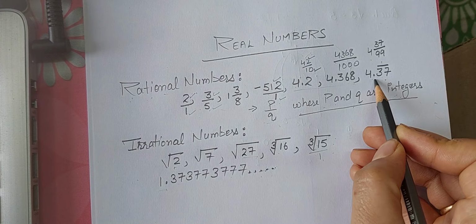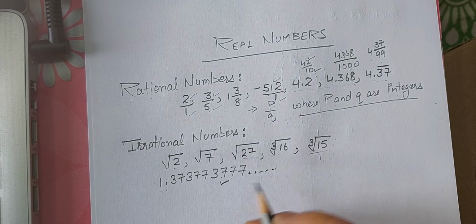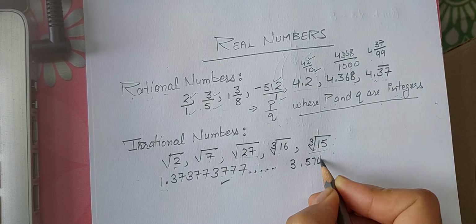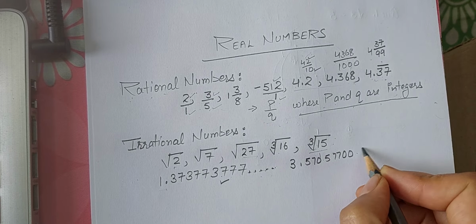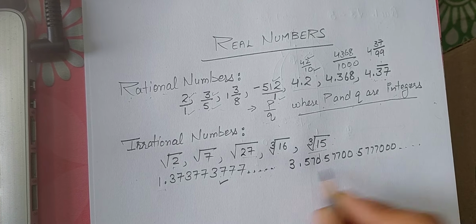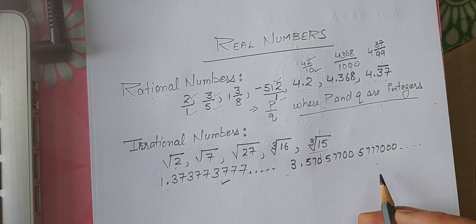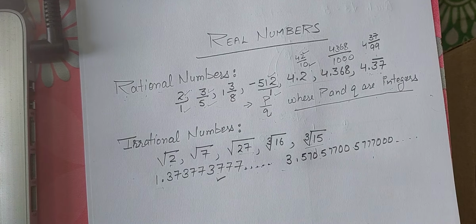We cannot write this in bar form. Where will you put the bar? So this is also an irrational number. In fact, 3.570577700 and so on, in a similar way you may write anything. So this is also an irrational number. This is just a way to write down irrationals in decimal form.